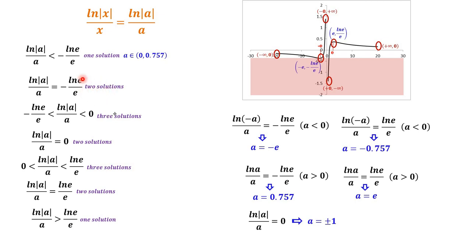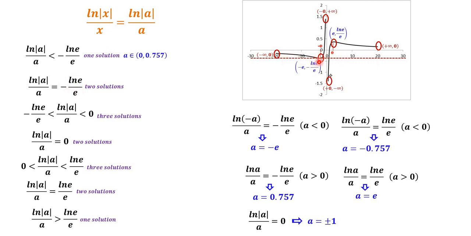So for two solutions, ln absolute A over A is equal to negative ln E over E. So it's in this straight line.